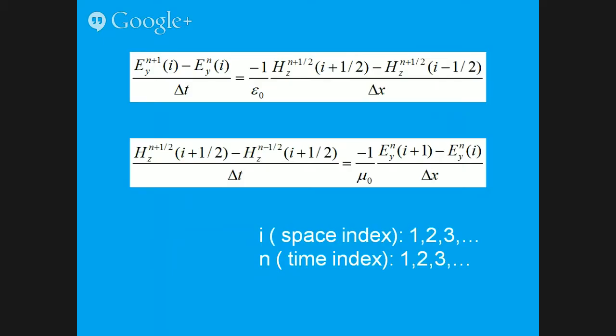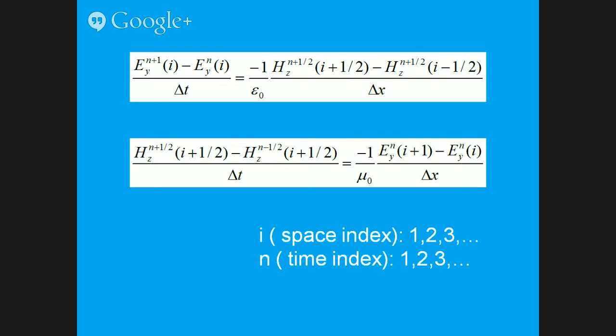So basically, it involves the discretization also. Because you see that here we have the y component electric field in the top equation on the left hand side, the component of electric field at index I. That is, we have one dimension, we are discretizing it along the direction of propagation, and that index is given by I, the space index.